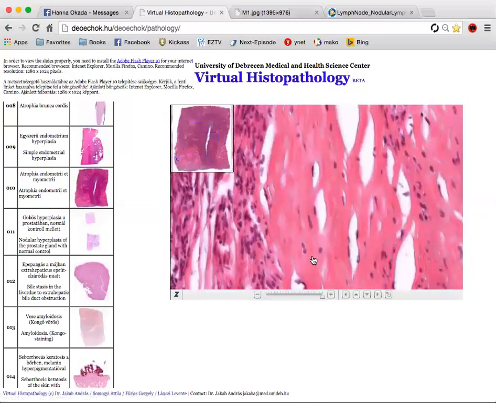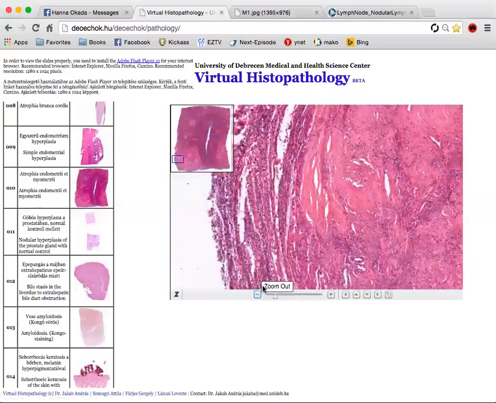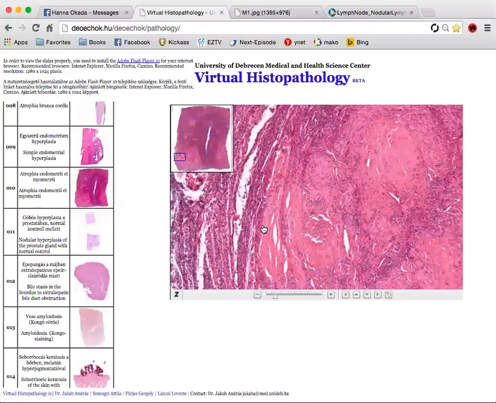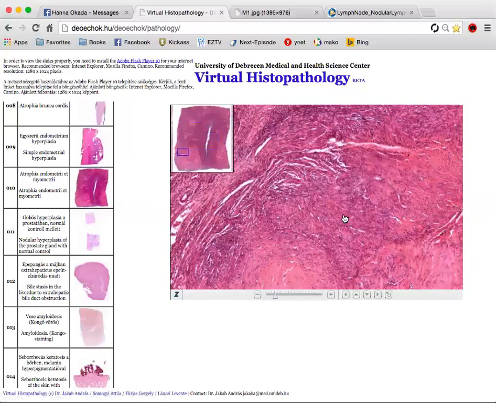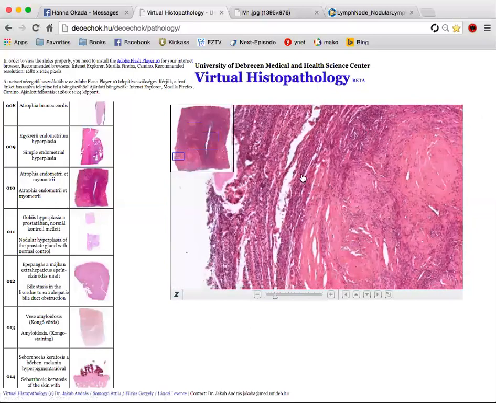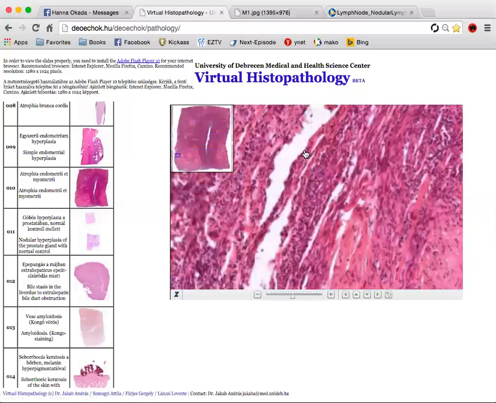So the leiomyoma will push on the surrounding tissue. This would have been normal muscle, but it's atrophied.